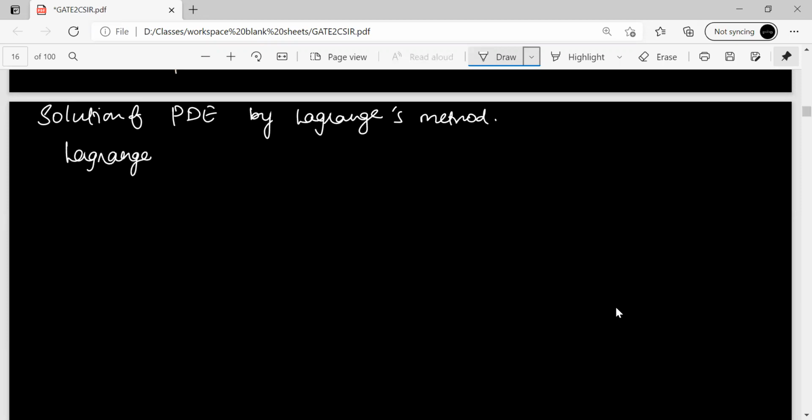So basically, the solution of a PDE by what we call the Lagrange method. And what is that? Basically, the Lagrange or characteristic equation. Some people say Lagrange, some people say auxiliary, so the Lagrange auxiliary equation.